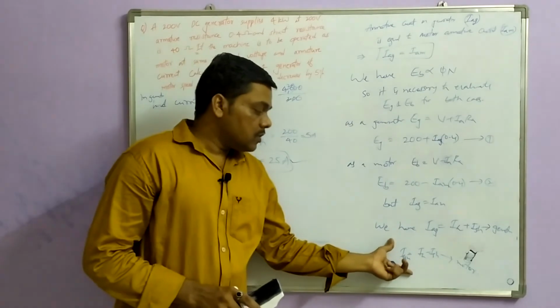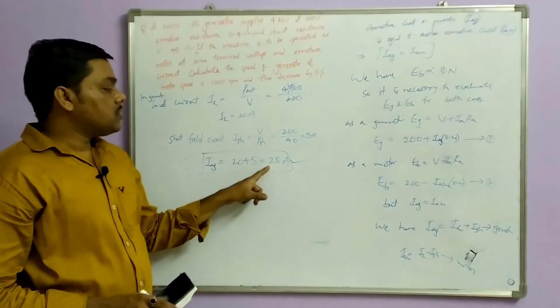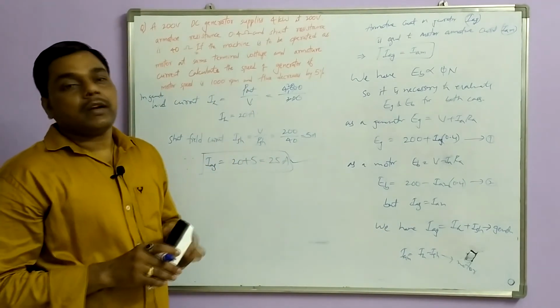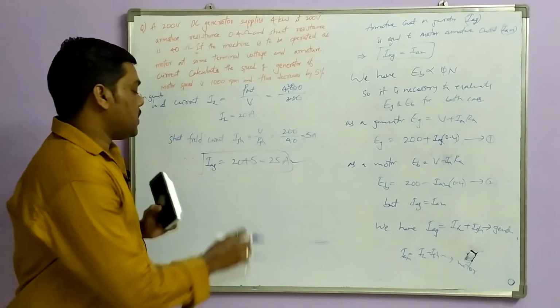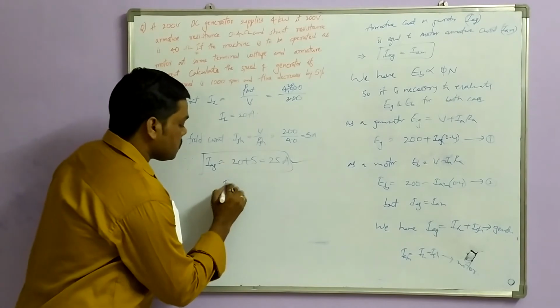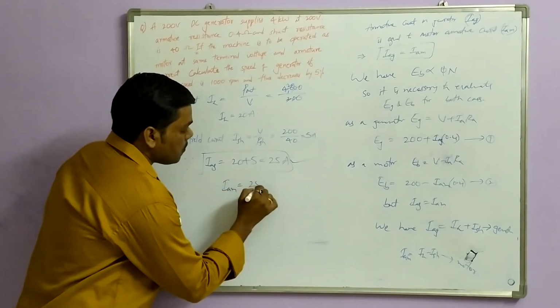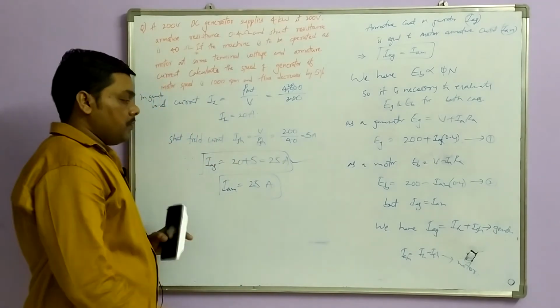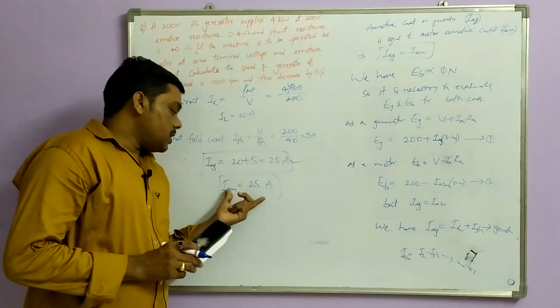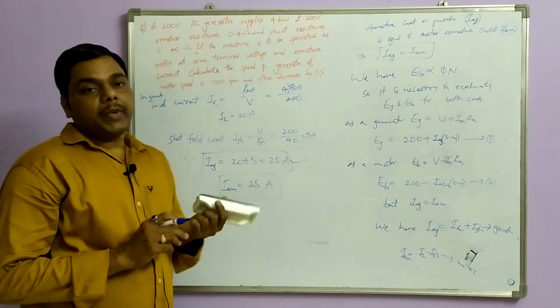This relation is okay, but the data belongs to the generator. So if IAG is 25 amperes, IAM is also 25 amperes. Now IAG and IAM both are 25 amperes.